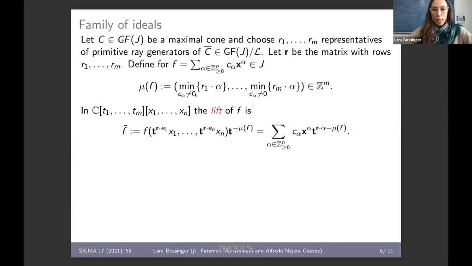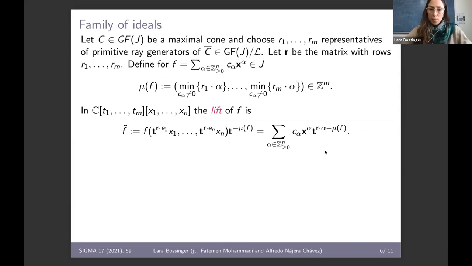And then we can lift this element F, or homogenize it with respect to all these rays at the same time, by introducing one T parameter, one parameter for every ray, and simply instead of just evaluating F in the variables x1 to xn, we evaluate in these monomials of T's times the variables x.